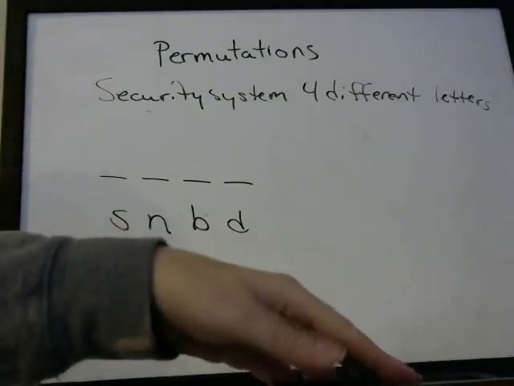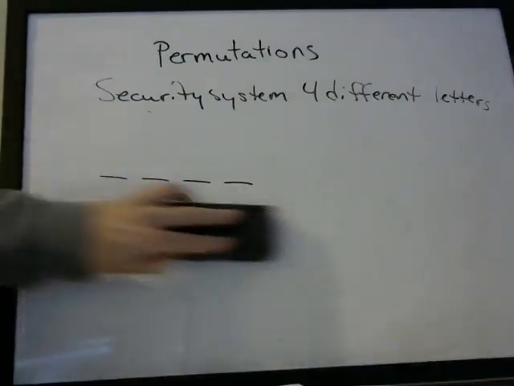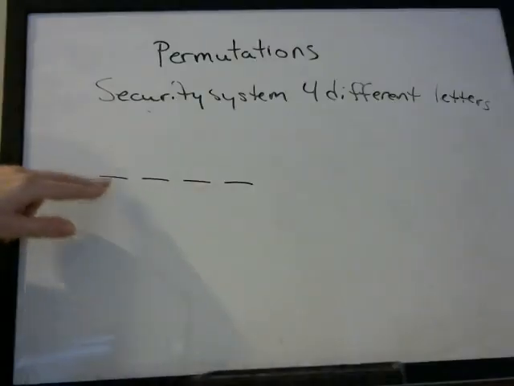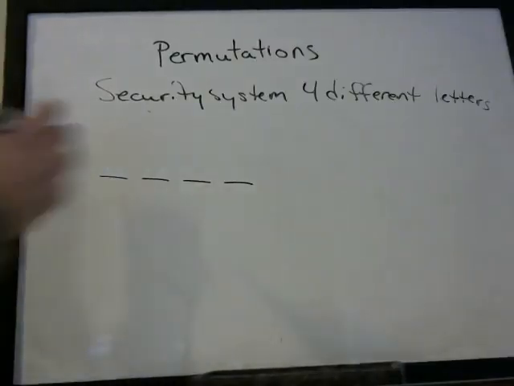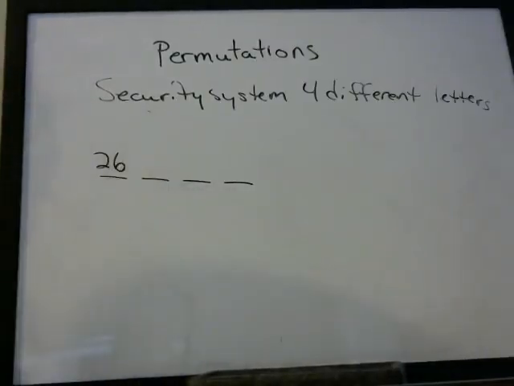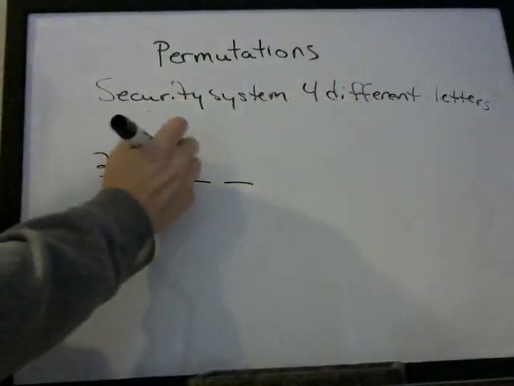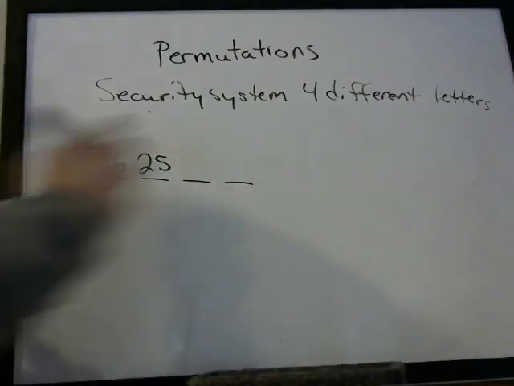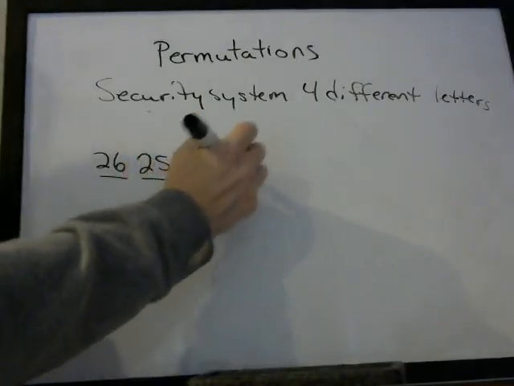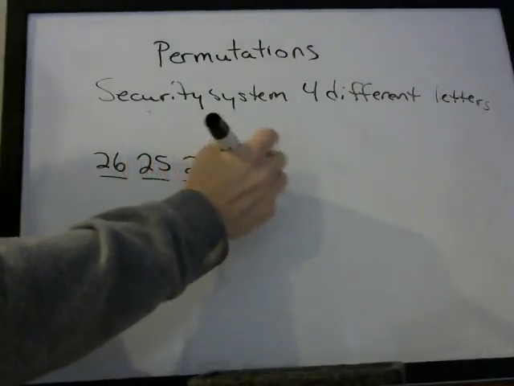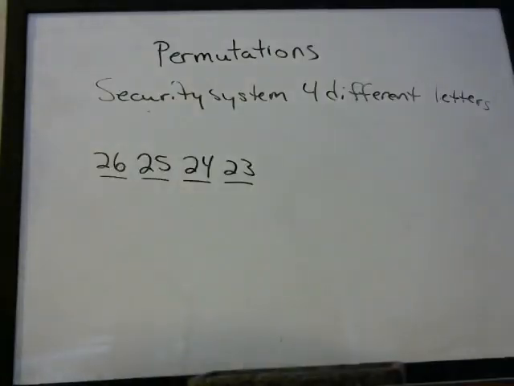So there are 26 letters. For our first letter, we have 26 letters we can choose from. But because they have to be different, we only have 25 letters for the second, 24 letters for the third, and 23 letters for the fourth spot.